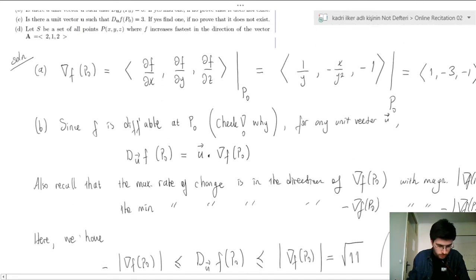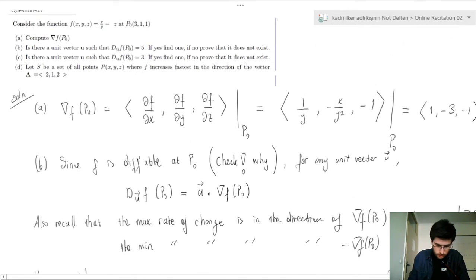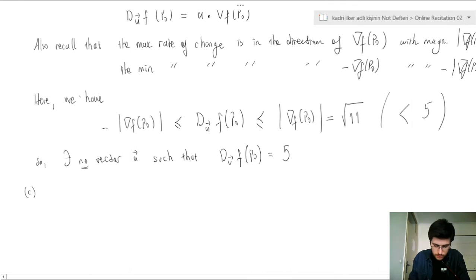The next question is: is there a unit vector with this rate of change being 3? Now it is possible, because 3 is in this range, between minus square root 11 and square root 11.